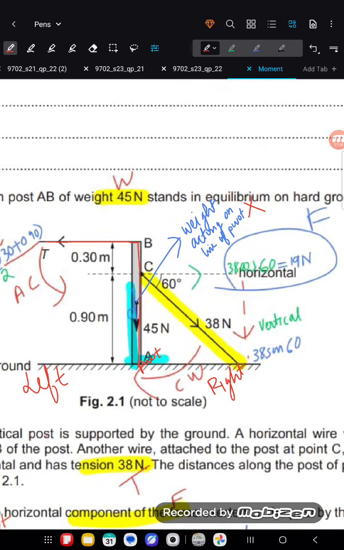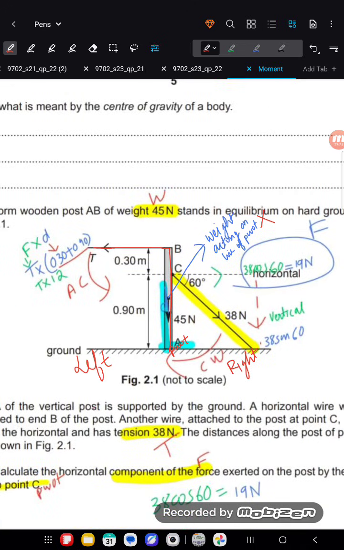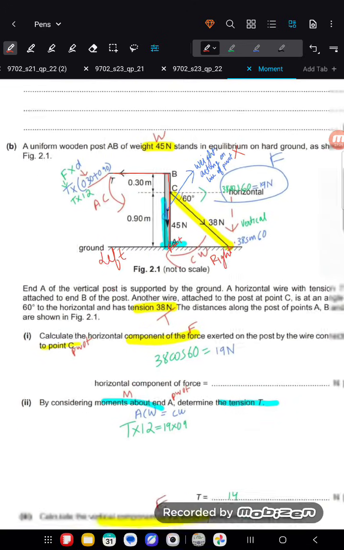This force you can say is 38 into cos 60 and 38 into sin 60, right? So find the force, and get the distance also, and you can find here.